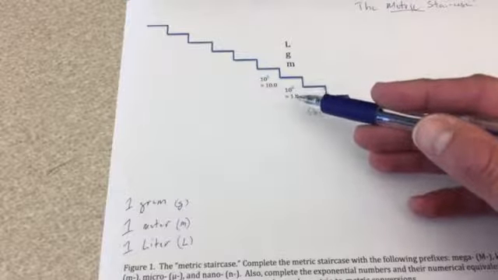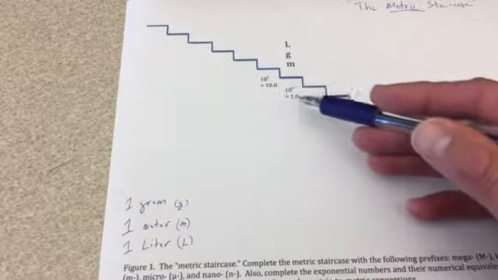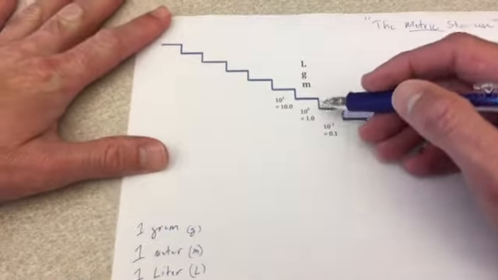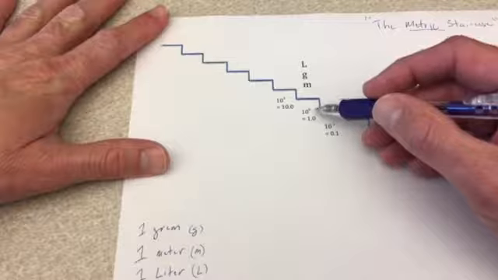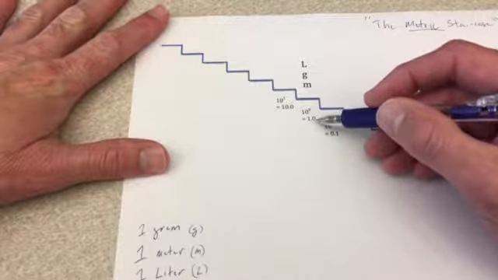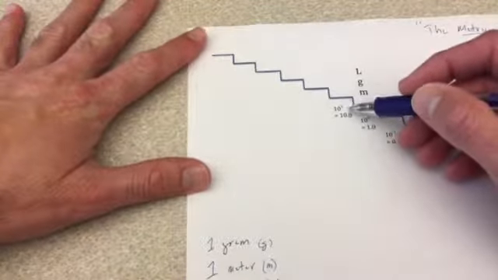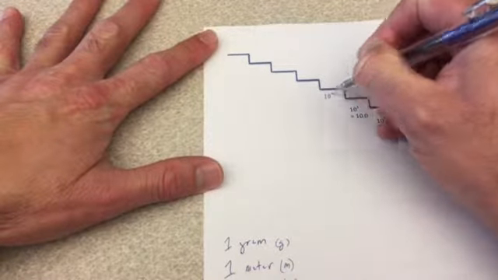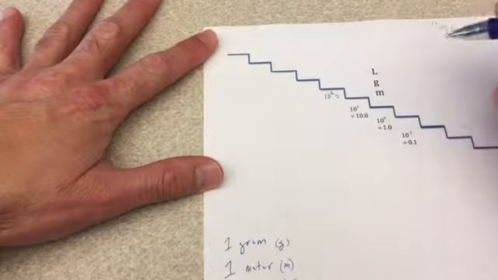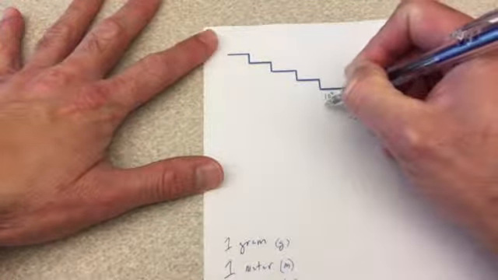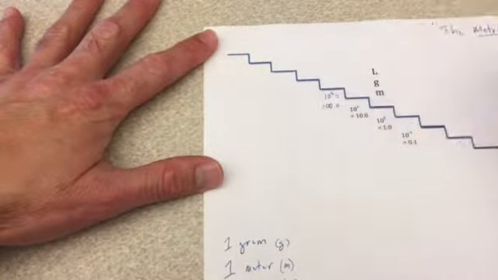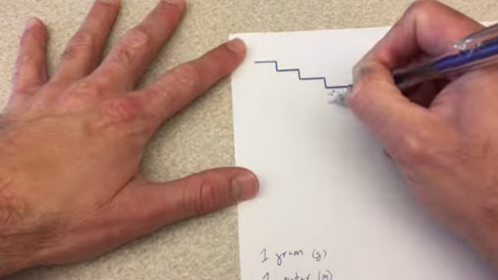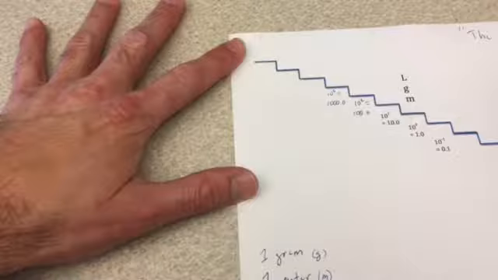Now you'll notice below the staircase we have these numbers. You might remember from your math class that 10 to the 0th power always equals 1.0. 10 to the 1 always equals 10.0. 10 to the 2, 10 times 10, equals 100.0. 10 to the 3 equals 1000.0.